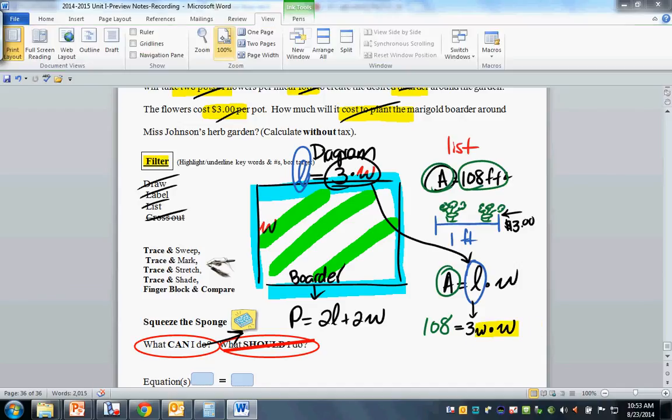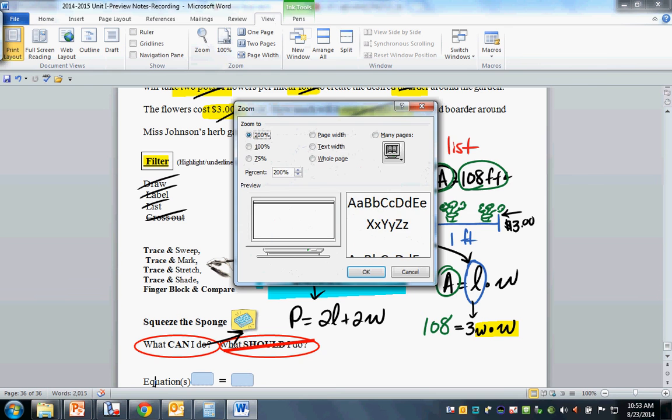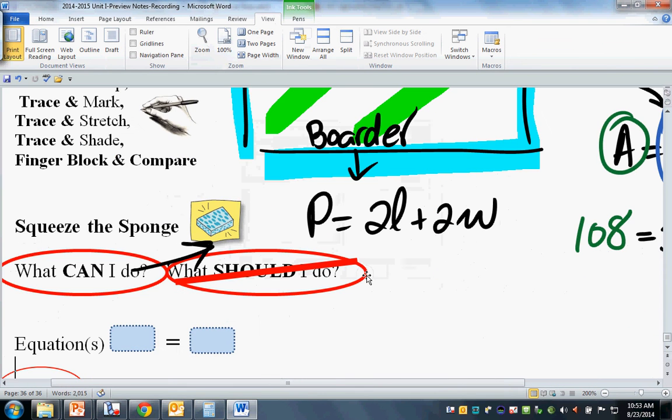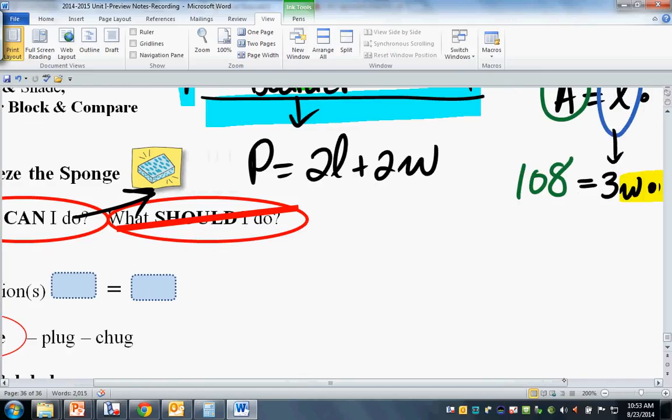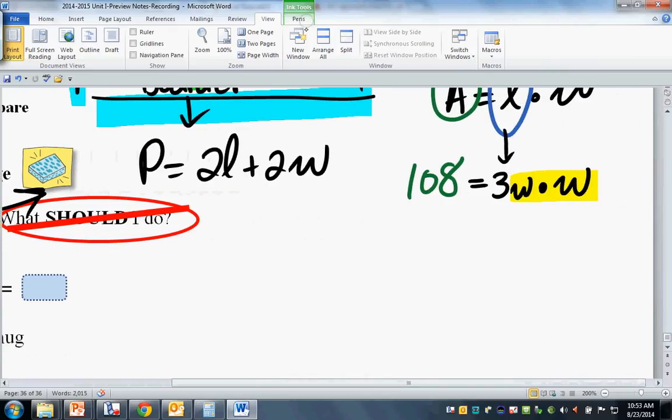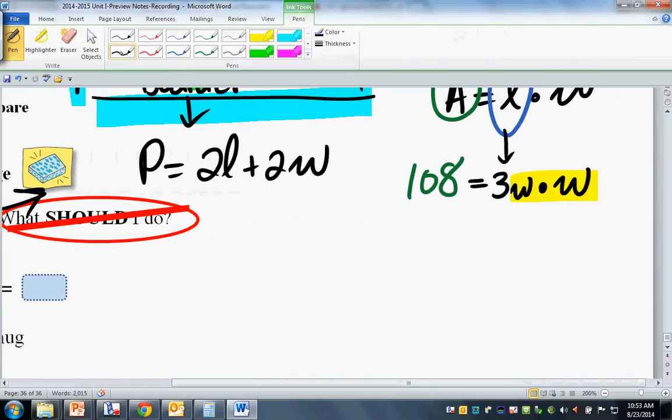You can actually solve this. So let's solve for the variable here. Bring this real close so it's easy for you to see. W times W is not 2W. W times W is W squared. So this reads like this. 108 equals 3W squared.